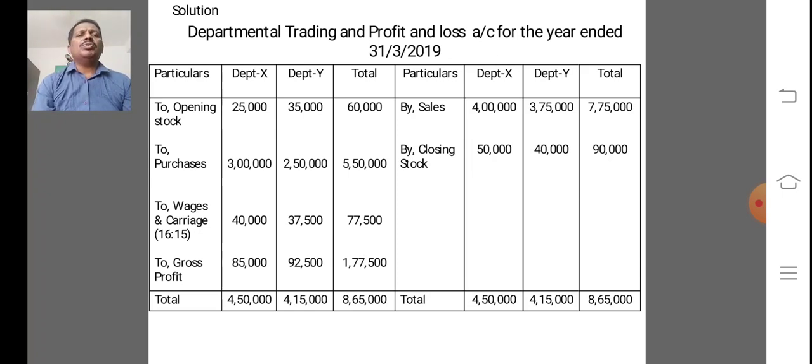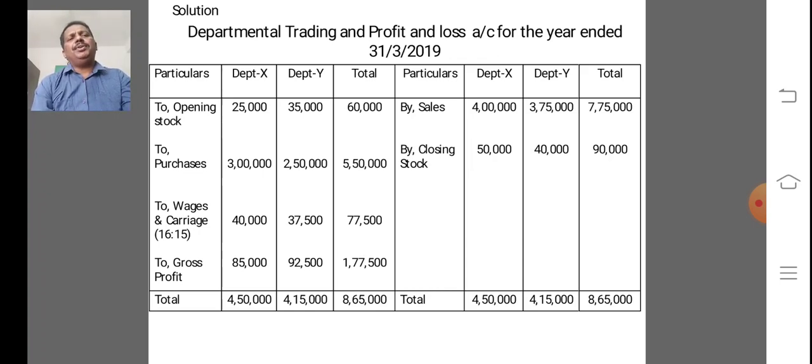And credit the closing stock, X department 50,000 and Y department 40,000, total 90,000. So the credit side total is 4,50,000 for X, 4,15,000 for Y department and total 8,65,000. The debit side difference for department X is 85,000 and 92,500 for Y, treated as the balancing figure. That amount we call gross profit.